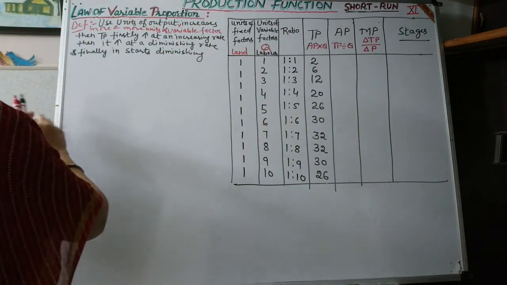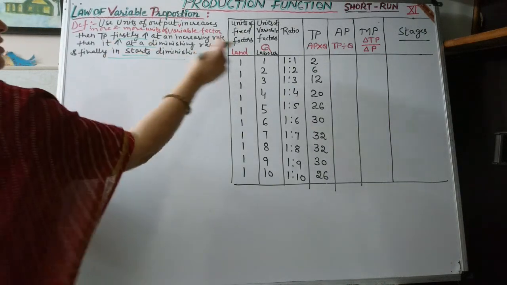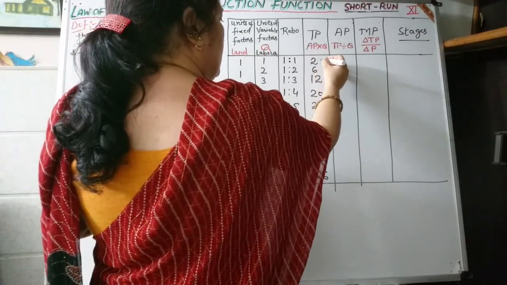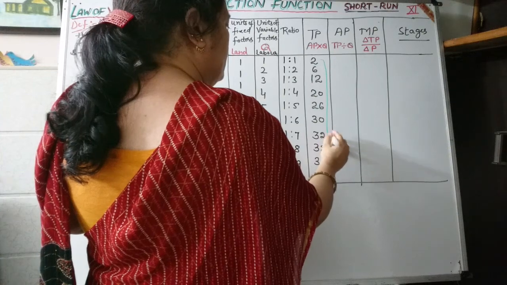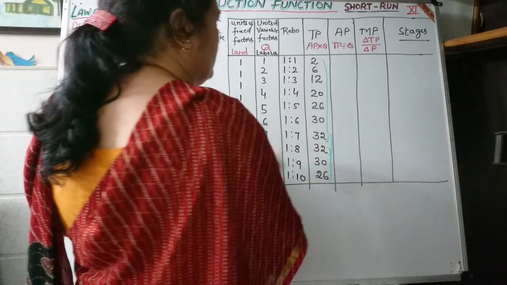So this is the definition of law of variable proportion. Initially, total production increases, then it becomes constant, and ultimately it starts diminishing.